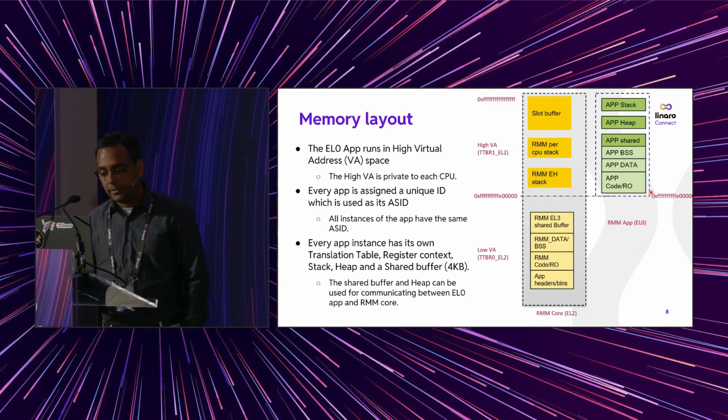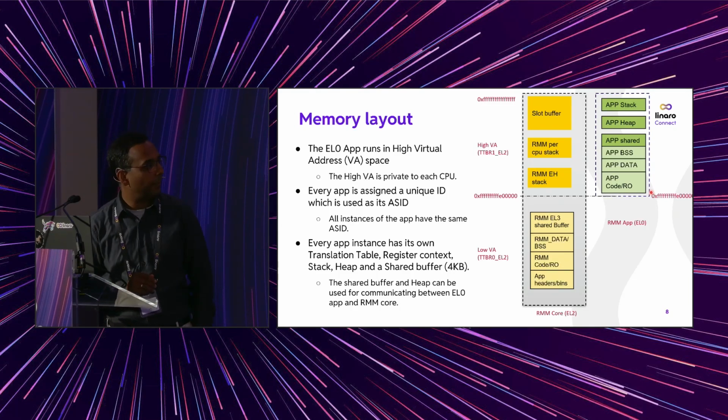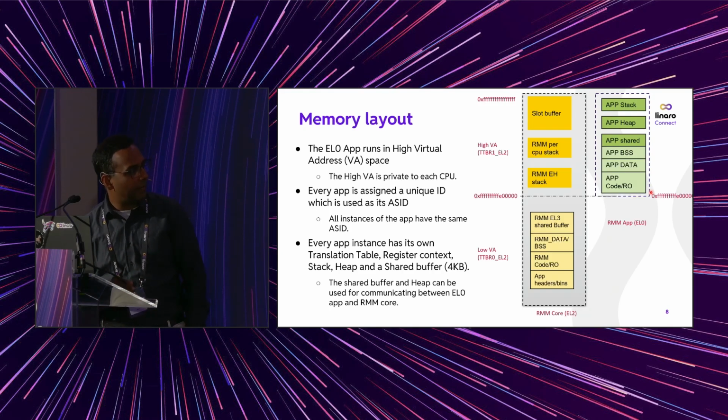The way this is designed, as I mentioned, the high VA is private to each CPU. Every app has a unique ID, which is used as its address space identifier. This helps in optimizing the TLB operations that are needed for switching the translation tables when we switch from EL2 to EL0. Every app has its own translation table, register context, stack, heap, and shared buffer. For communicating between EL2 and EL0, there's a shared buffer, and also portions of the heap can be used for communication.